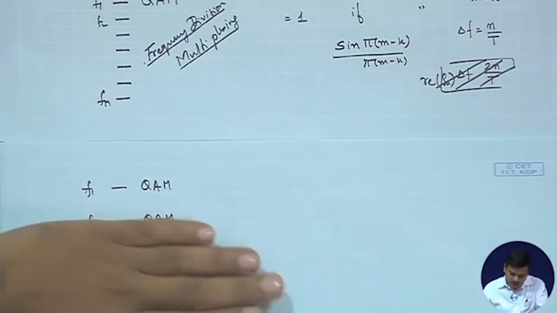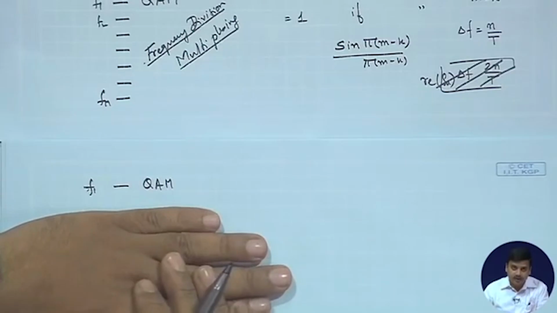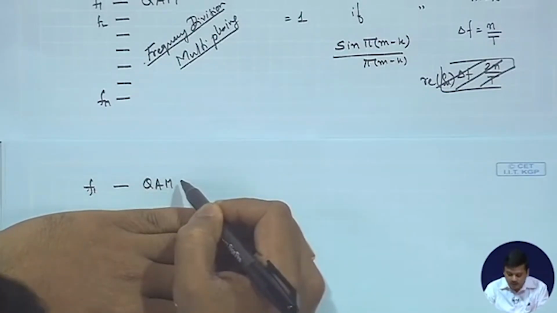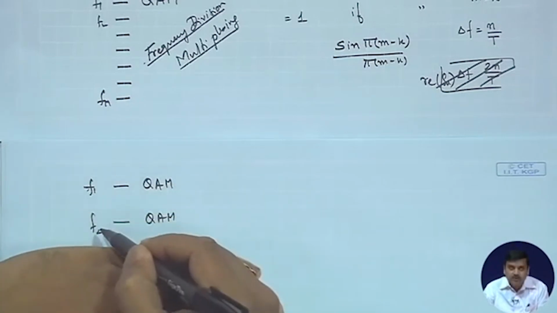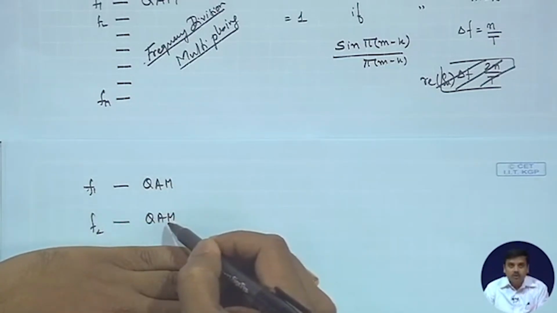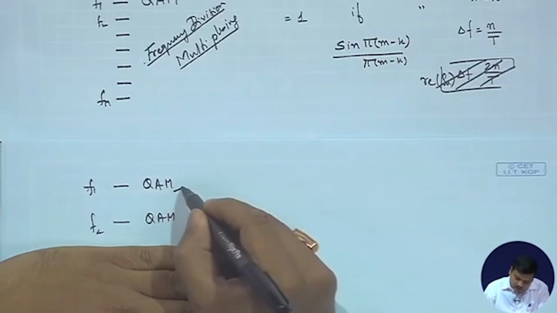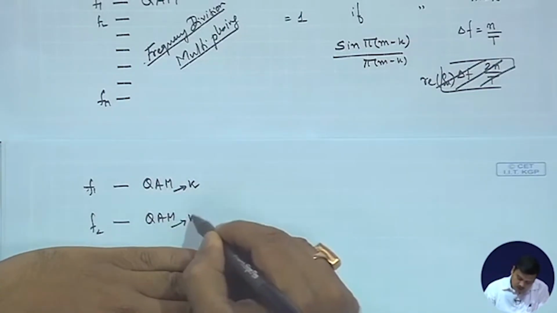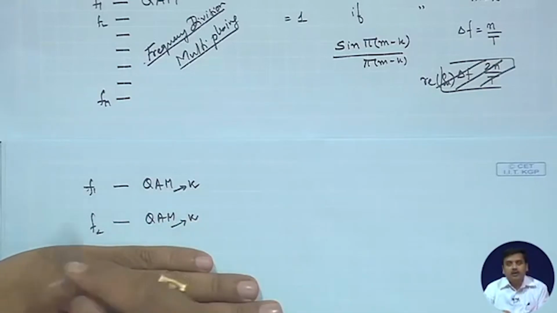So, what we had studied is a situation like this, where there was one particular frequency and you could do QAM. Now, we are saying that there is another frequency and you could do QAM on top of that as well. So, if this required k bits, this could also use k bits or any other possible number. That means, in the first one you could choose let us say 8 possible constellations, in the second one you could choose 16 possible constellations, you are free to do that.